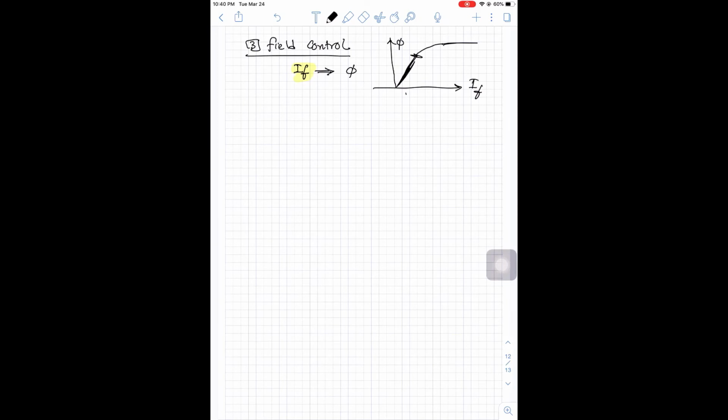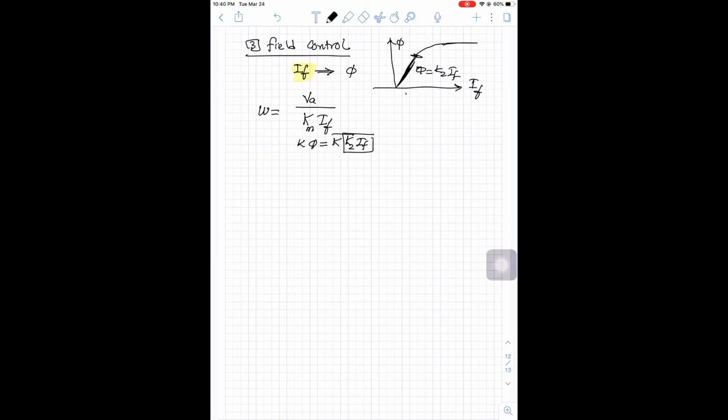So if we go back to our equation, omega equal to VA divided by K phi, we can write this as K motor IF. This K motor is different from K because the original was K phi, and we can write this as K2 IF because of the relation between phi and IF, here we can write phi equal to K2 IF.